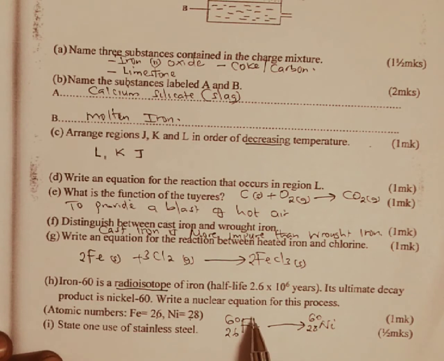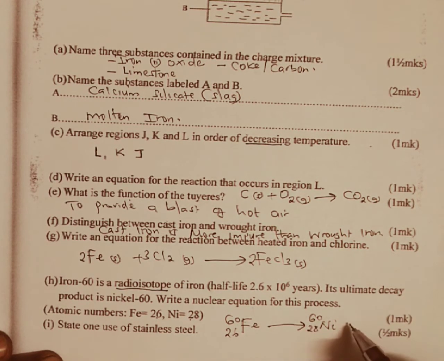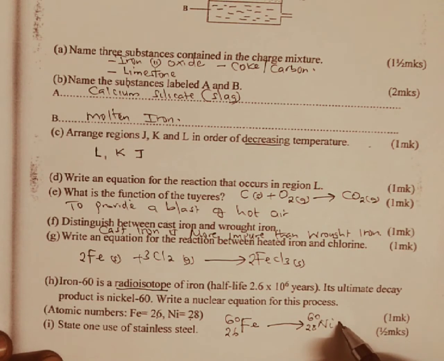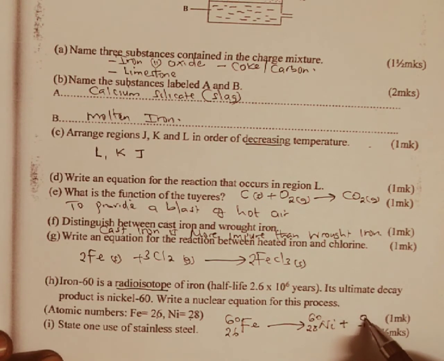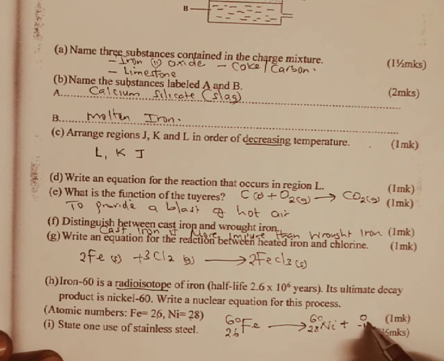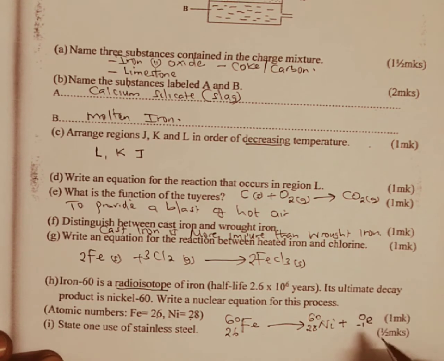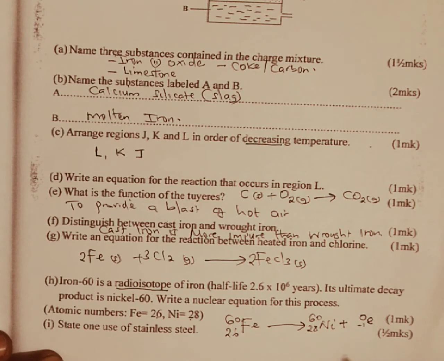Remember, if a radioactive material undergoes radioactivity and the mass number remains the same, it means it has given out a beta particle, and a beta particle is the same as an electron, which is represented with a mass number of 0 and an atomic number of -1.